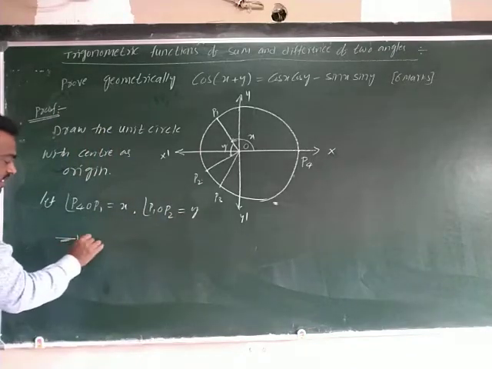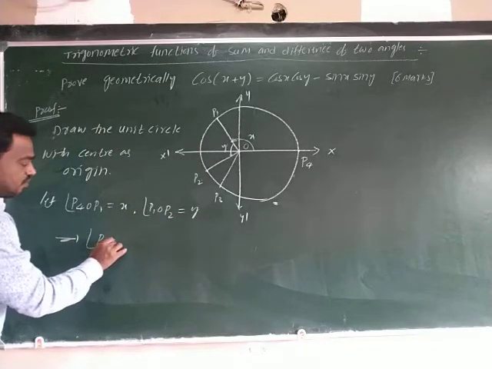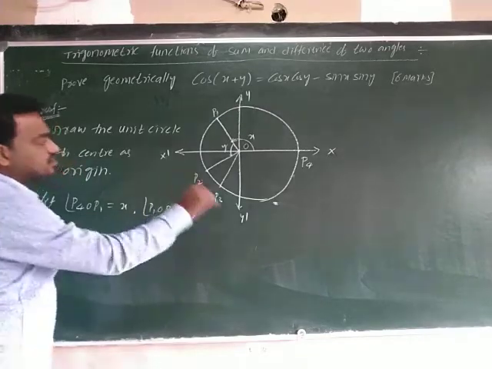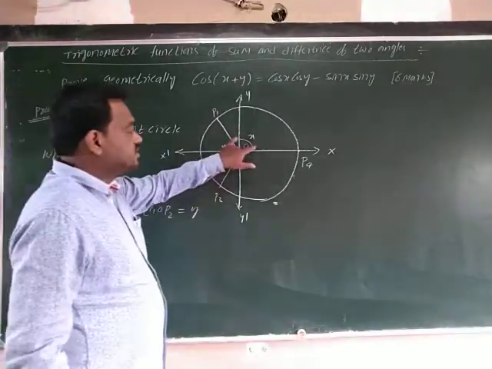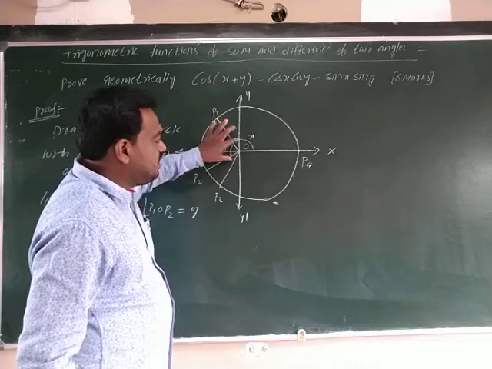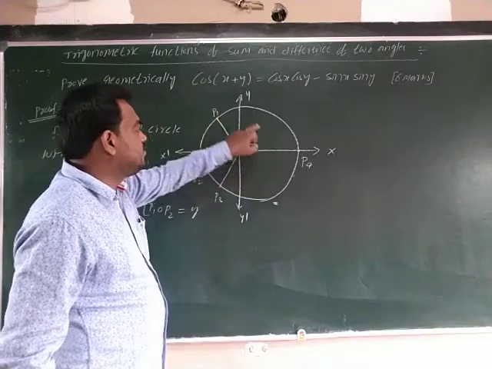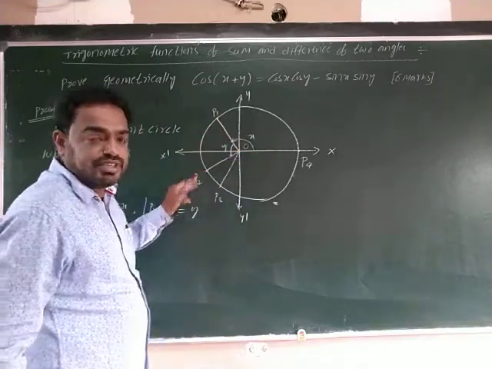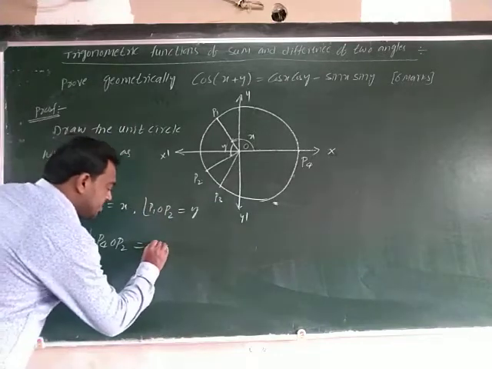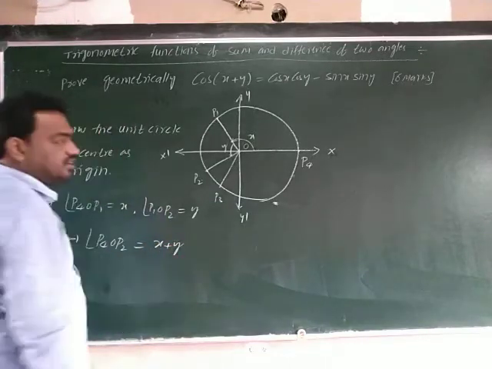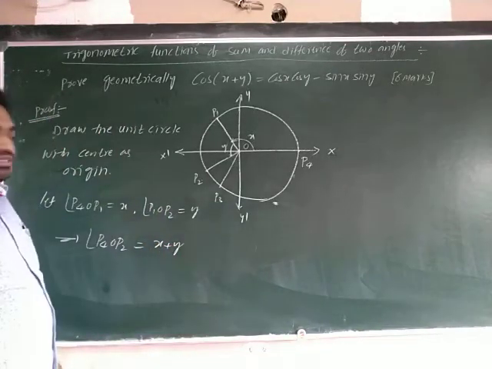From this, this is the angle x, this is the angle y, and this complete angle P4 to P2 is equal to x plus y. This is the angle x plus y.